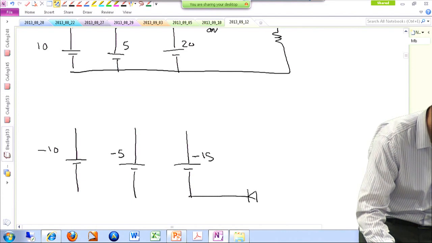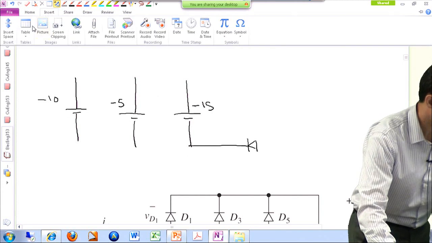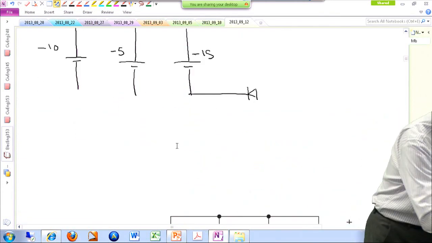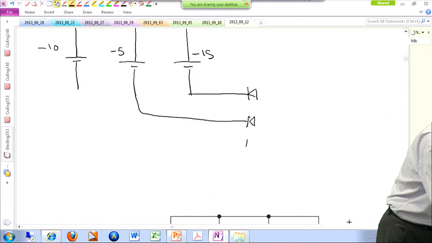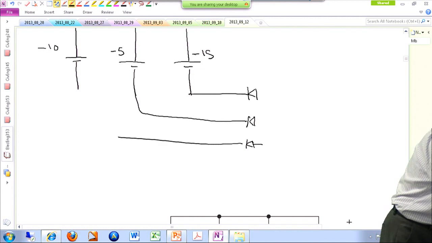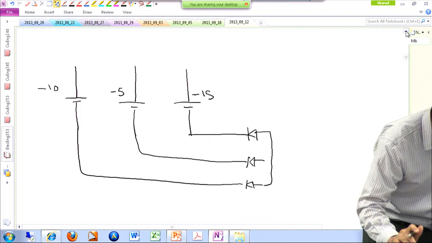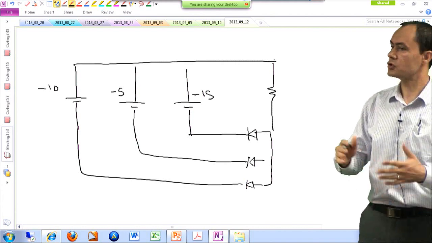Let me see if I have enough space. All right, so let's say we have a configuration like this. Again, I have 3 sources.